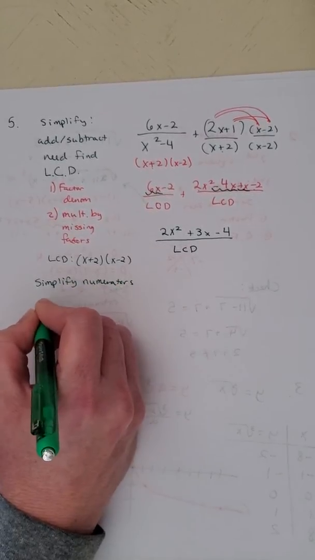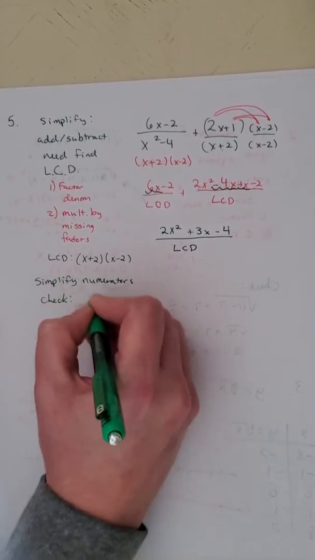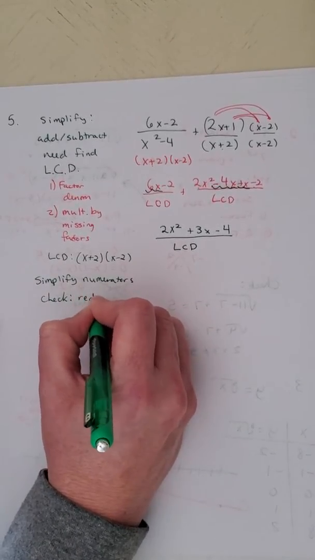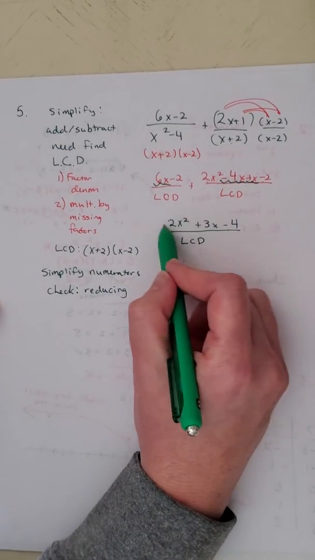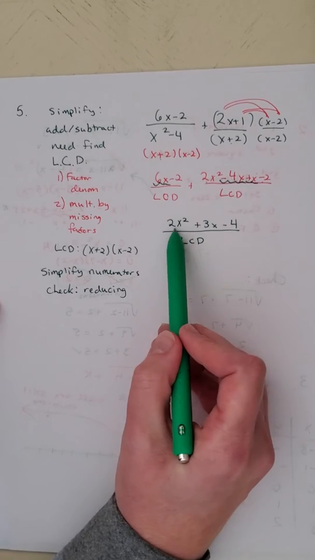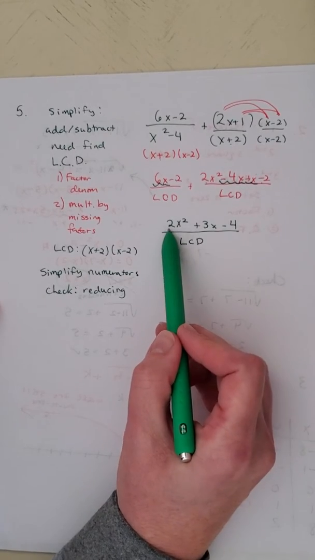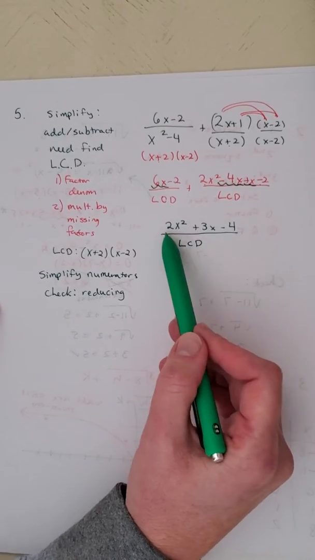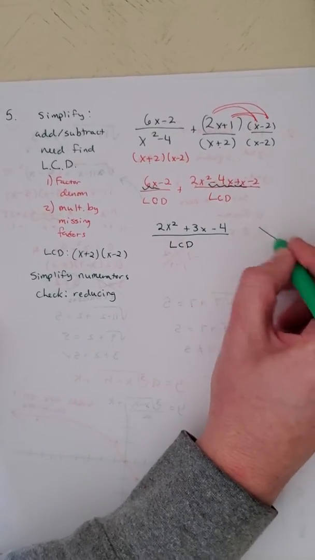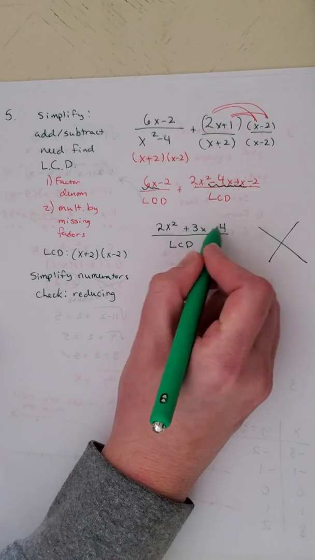And at this point we have to check to see if there's any kind of reducing that we can do. So to check for reducing, we're going to have to see if the numerator factors. So remember, this is a leading coefficient of a 2. So if it does factor, we'll have to use factoring by grouping. So we would need something that multiplies to a times c.